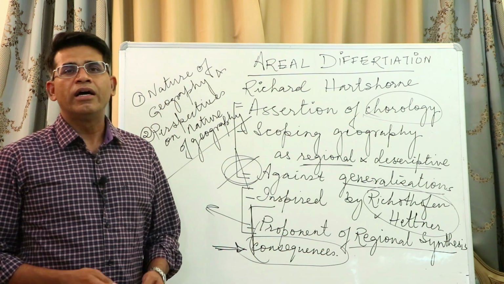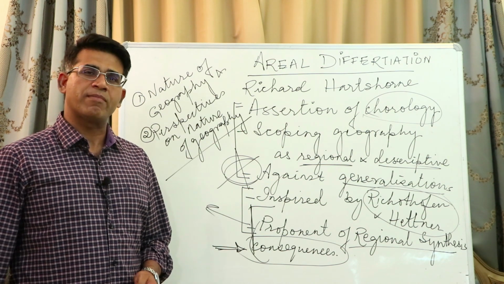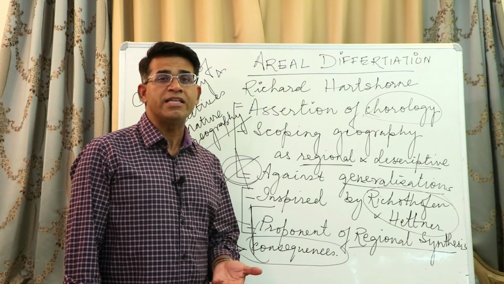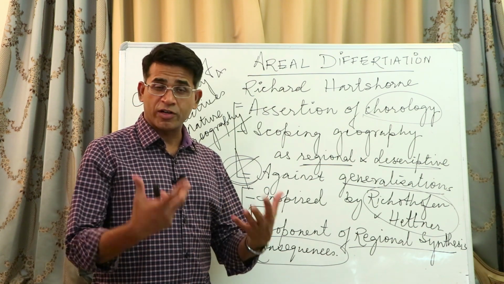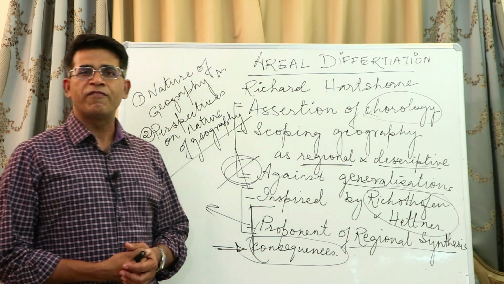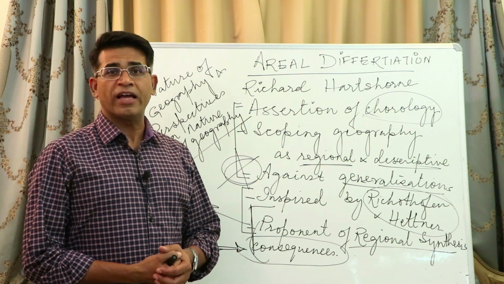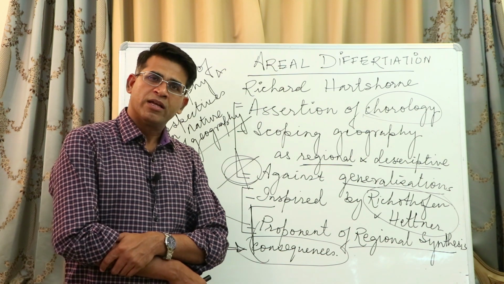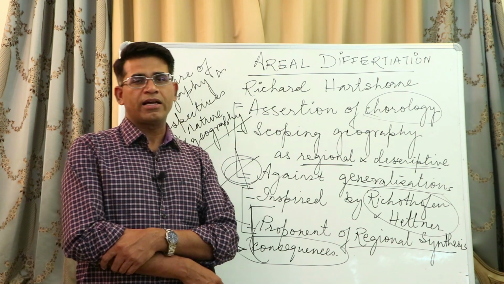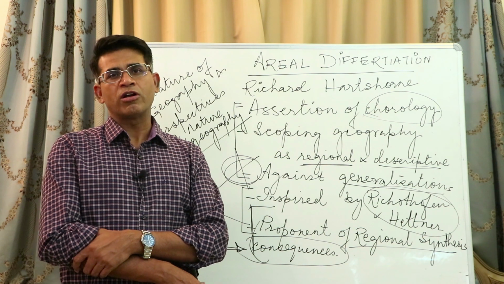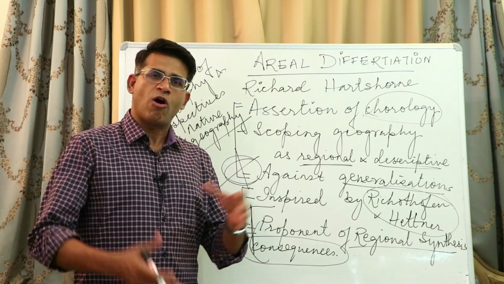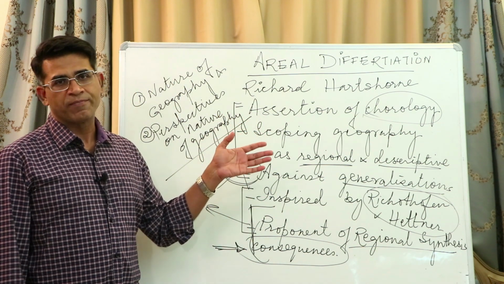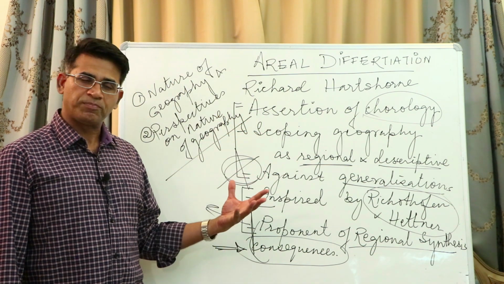We know that by the 50s, and even by the 40s for that matter, Hartshorne's areal differentiation was losing steam very rapidly. Schaefer's model of geography as spatial science, geography as the science of studying patterns and distribution of phenomena, geography using mathematical and statistical models, geography developing generalizations: all that became the more popular trend, and areal differentiation ultimately was ignored.